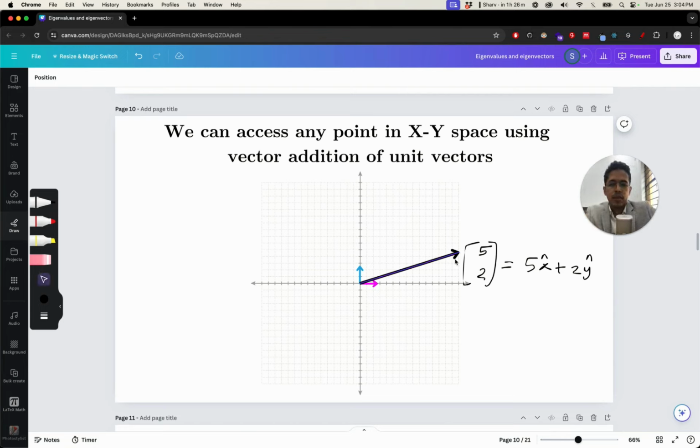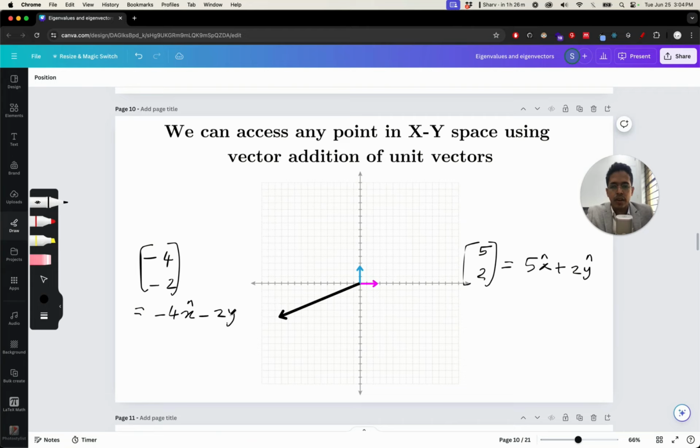What if our vector was over here instead? Maybe then the x dimension of this is -4, and the y dimension is, let's say, -2, something like that. I'm being approximate here, not exact. And this can be expressed as -4x minus 2y.